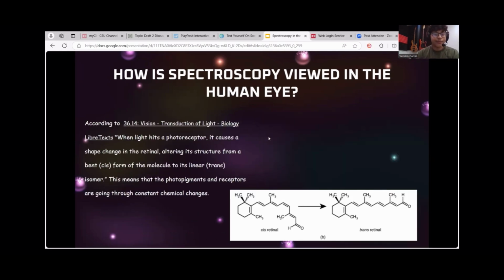According to vision transduction of light, when light hits a photoreceptor, it causes a shape change in the retinal, altering its structure from a bent cis isomer form of the molecule to its linear trans isomer. This means that photopigments and photoreceptors are going through constant chemical changes. We can see these isomers right here: the cis retinal and then the trans retinal.